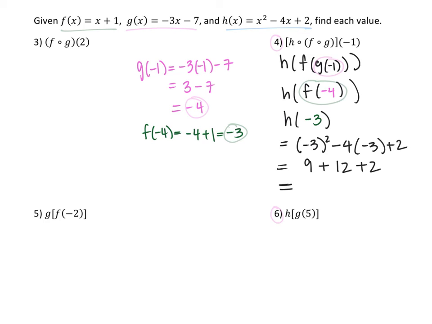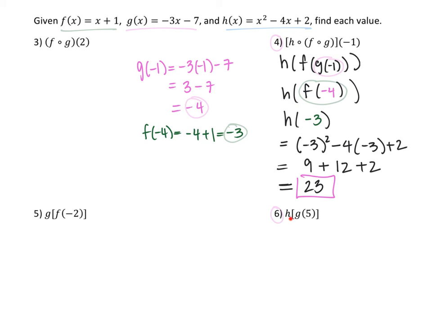If I add all these numbers together, 9 plus 12 is 21, plus 2 is 23. So my final answer for this problem is 23. All right, so that one can be a little bit hefty, but you're basically going from the inner and then outer until you get to the furthest function out, which is h.